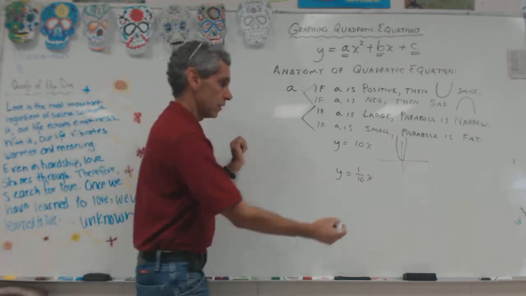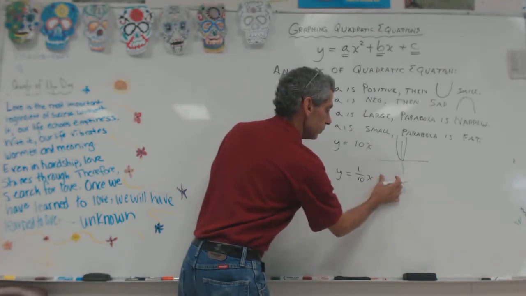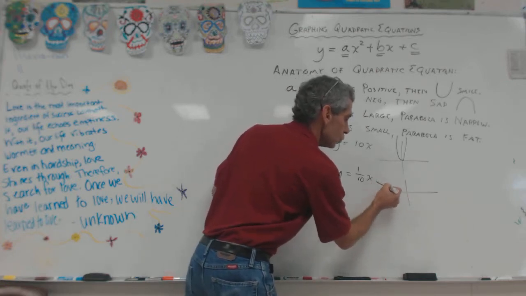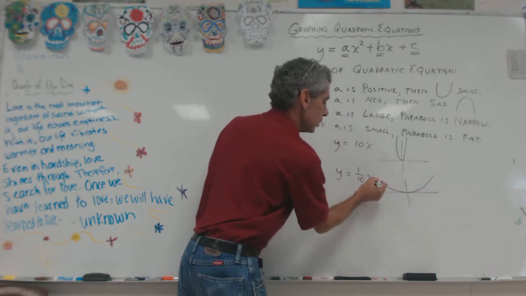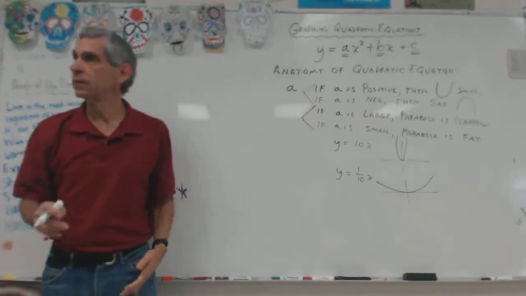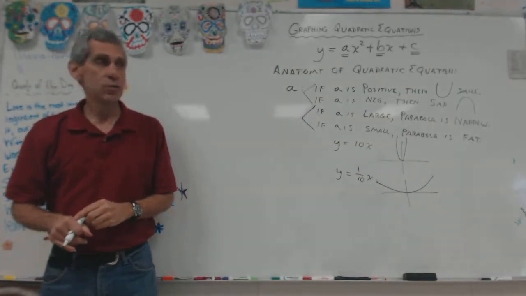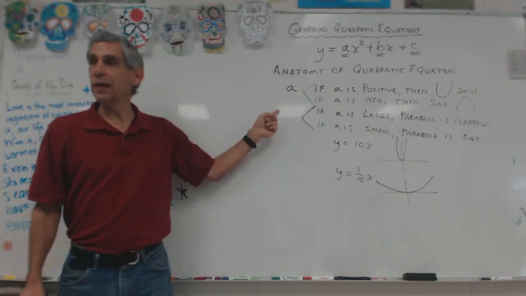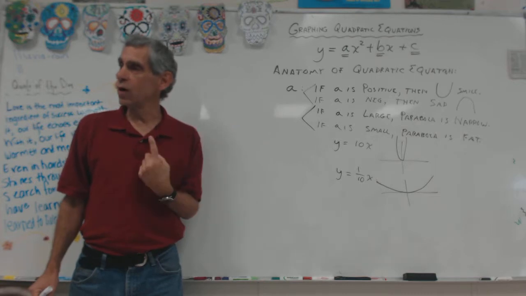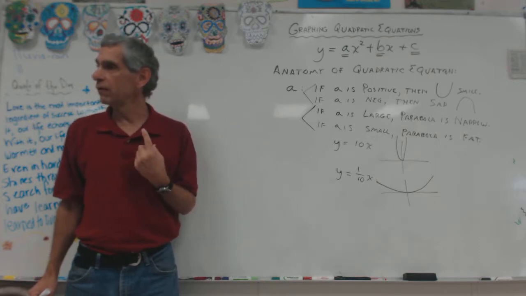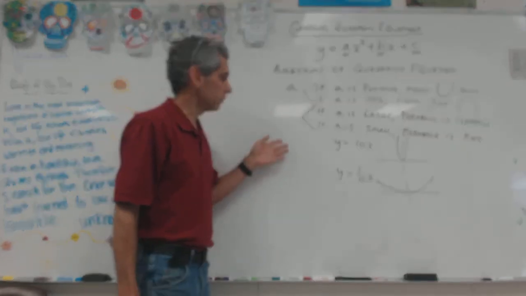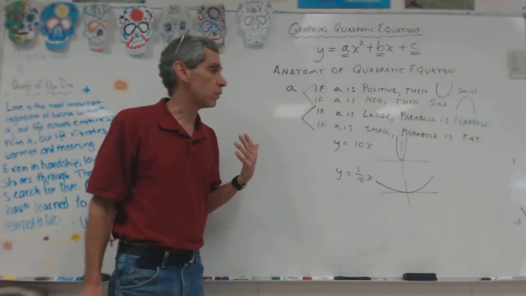It's going to look like this. It's going to be really fat. Make sense? So A tells you a lot. In the beginning, we're going to just be using A as 1, at least for today. But eventually, we'll be working with bigger ones as well.